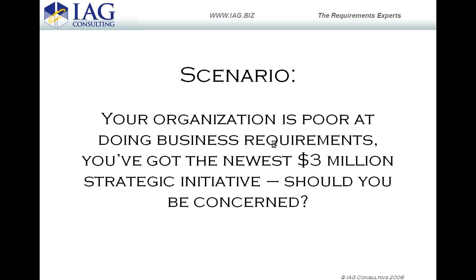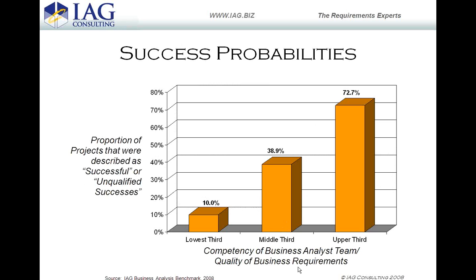And let's talk about those projects that we were looking at, all right? What we did is we broke it out into thirds: the lowest third, the middle third, the upper third. This is thirds in terms of the competencies of the requirements team and the quality of the requirements. And what you're seeing there is the success rates on the project. So what you've got are basically two classes of companies. 2/3 of these companies are what I would call Scenario 1 companies.